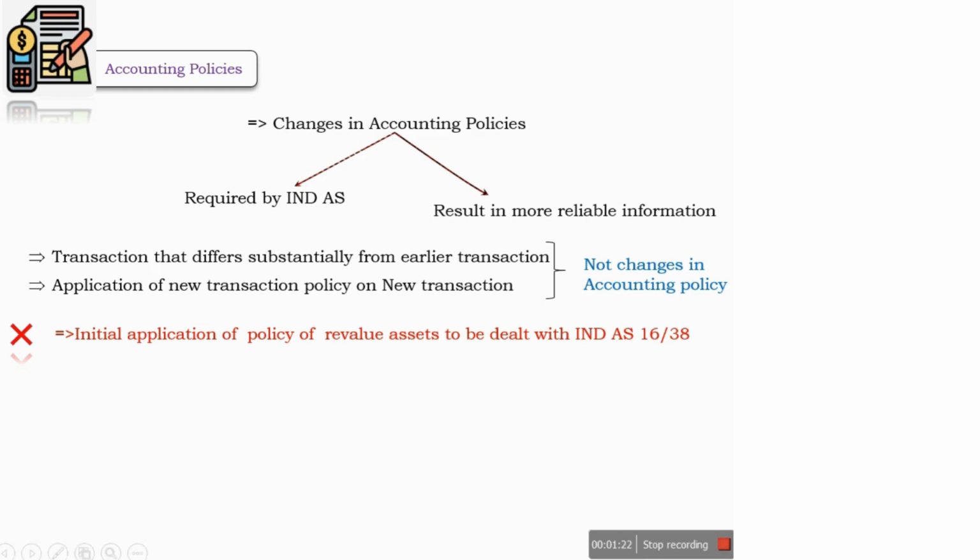The difference here is, if there is initial application, it will be out of scope of Ind AS 8 and will be dealt with by Ind AS 16 and 38. But if there is a change because it results in more reliable information, in that case it will be dealt with by Ind AS 8 and will be applied retrospectively.